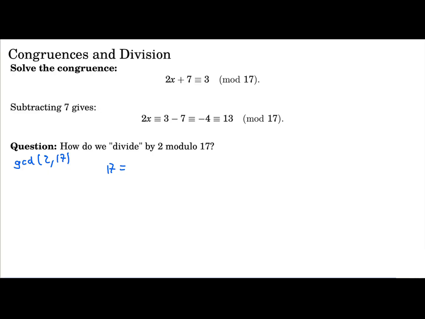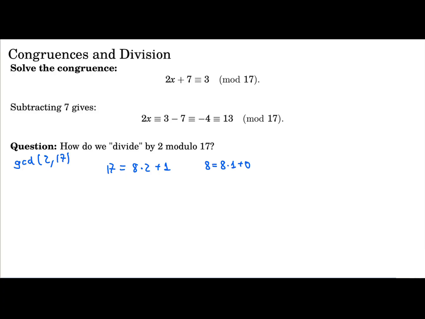And so this is going to be 8 times 2 plus 1. Then you take this number here, and you divide by this. So the 8 is going to be equal to 8 times 1 plus 0.